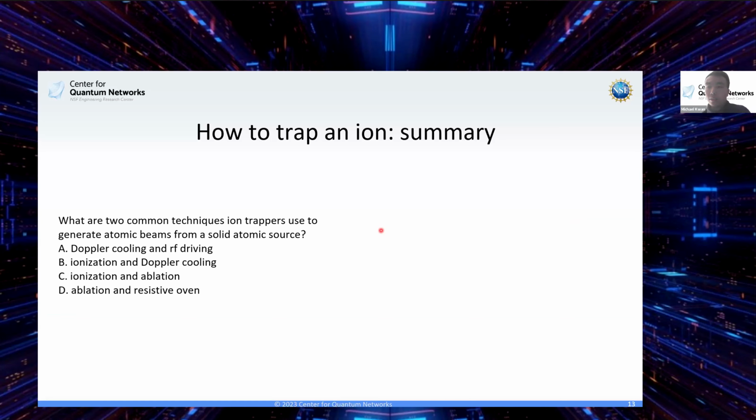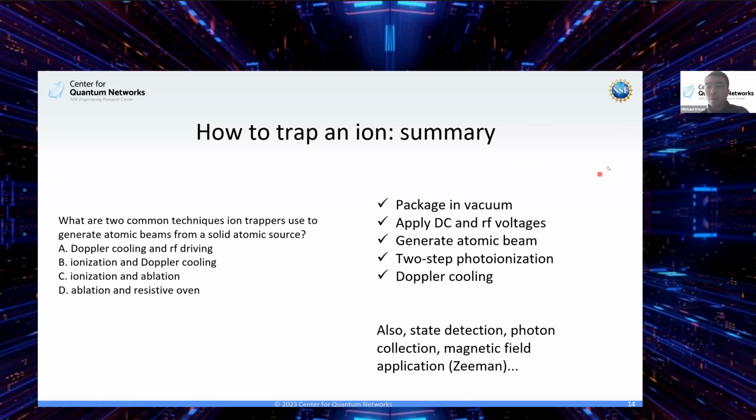So in summary, it's good that we have a summary of this. When you have a Paul trap, you first need to package it in the appropriate vacuum system with the corresponding feed-throughs, then simulate the packaged trap electrodes, DC and RF voltages, and apply them to the electrodes.